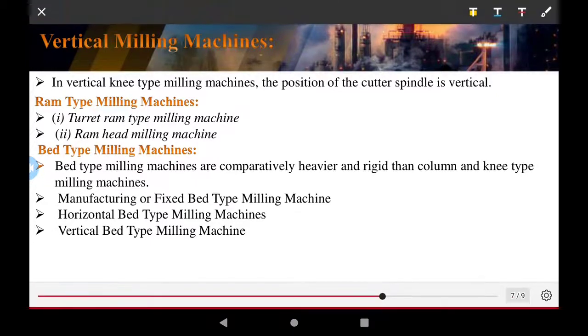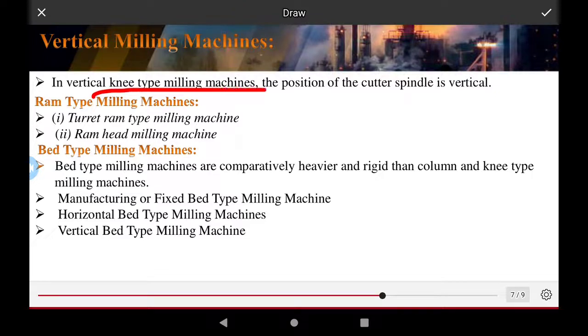Vertical milling machines: in the vertical knee type of milling machine, the position of the cutter is vertical. The ram types of milling machines include turret or ram type milling machines and ram head milling machines.